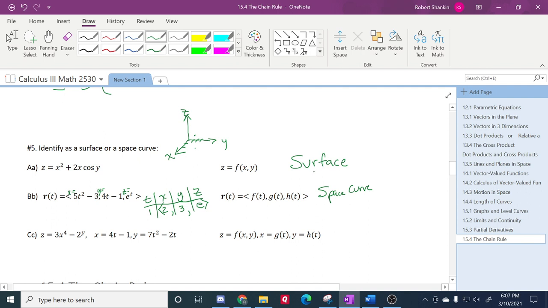And Cameron, what were you going to say? As long as z is a function of the other two, as long as the value of z is a function of the other two components, I think we have a surface, whereas a space curve is like this one, and as long as that's there, it has the components of a surface.